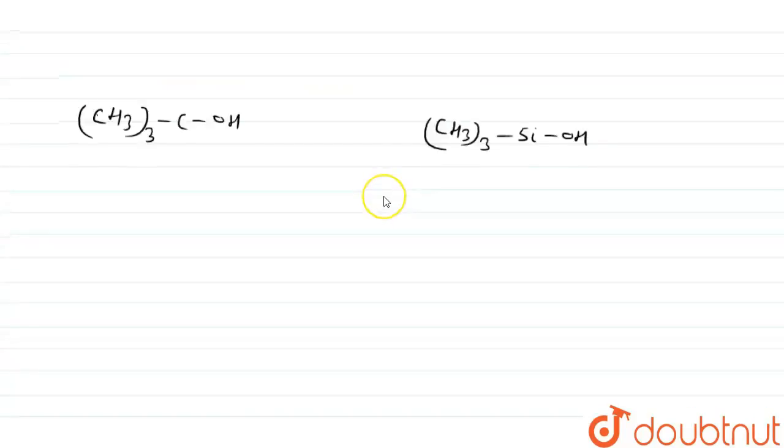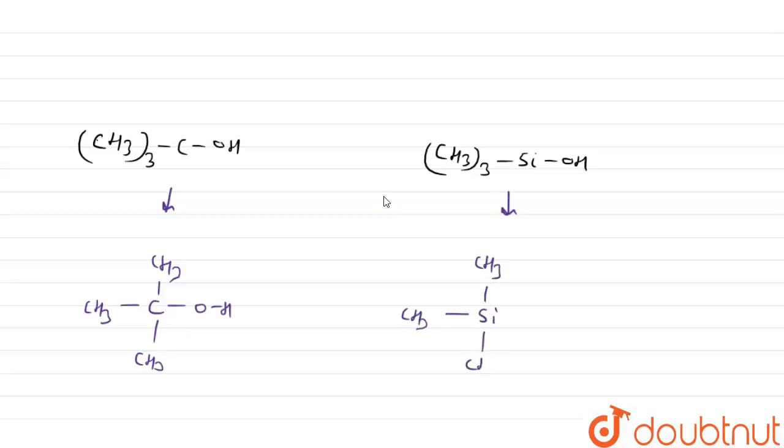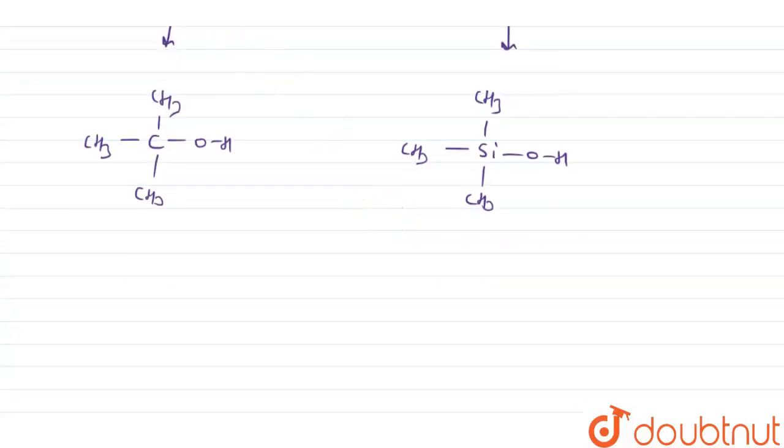First of all, draw the complete structures. Here we have carbon having CH3, CH3, CH3 and OH. And here we have silicon with three methyl groups and OH. Now we need to check the acidity, so we need to form the conjugate base.